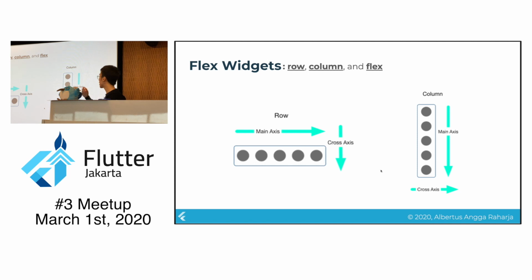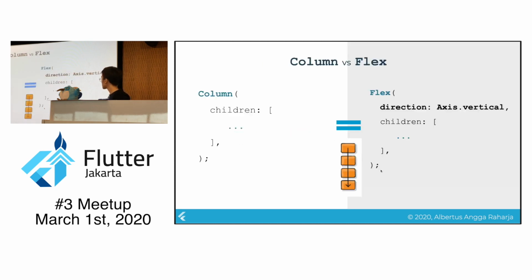But if you want to lay out children vertically, you have to use Column. So how about Flex? Basically, Row and Column are just an extension of Flex. They are just subclasses of Flex. So the code on the left part is actually the same as the code on the right part.